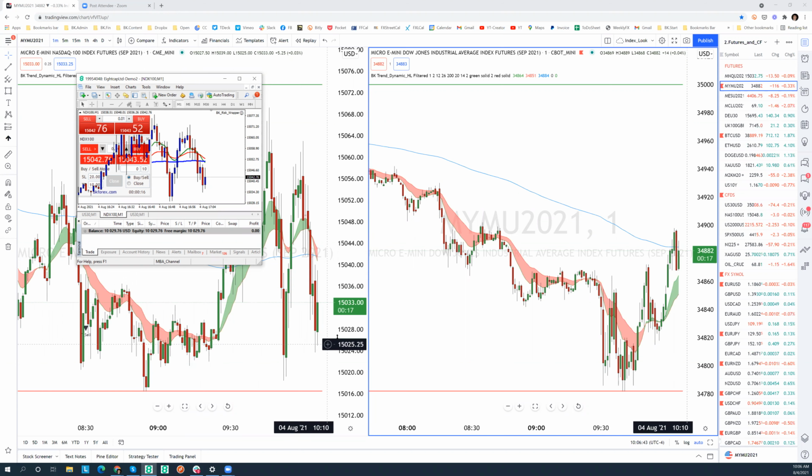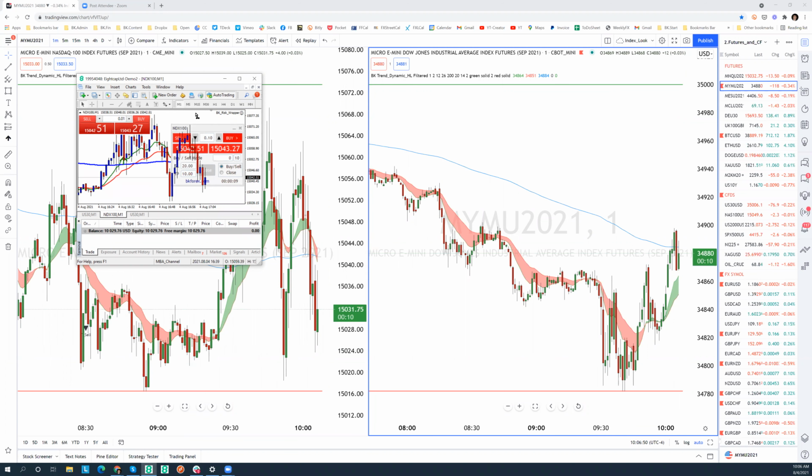It feels more like it's going to break than bounce back. It's not a horrendous idea to take it, but if I'm going to do it, I probably should do it in smaller size.